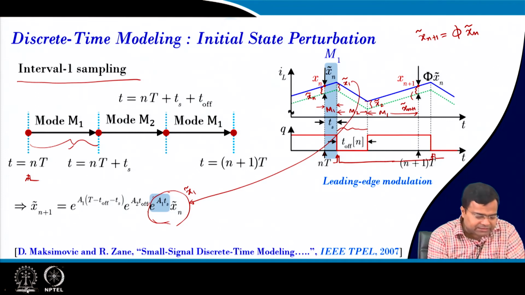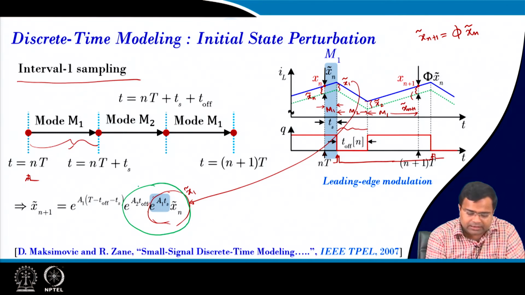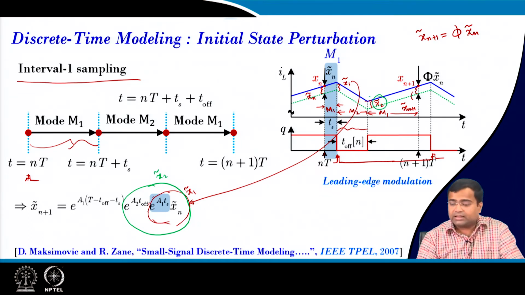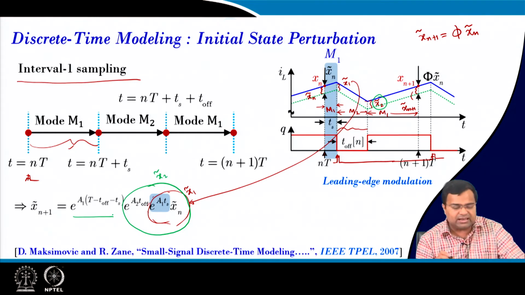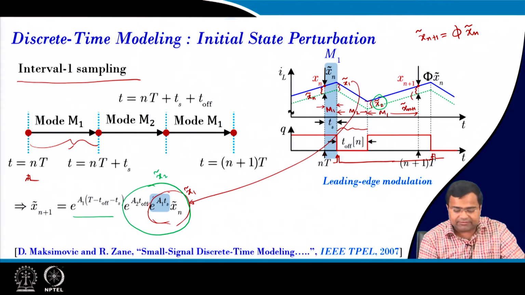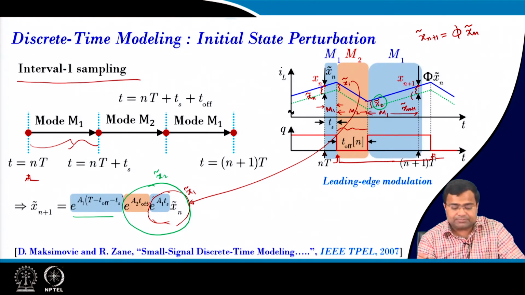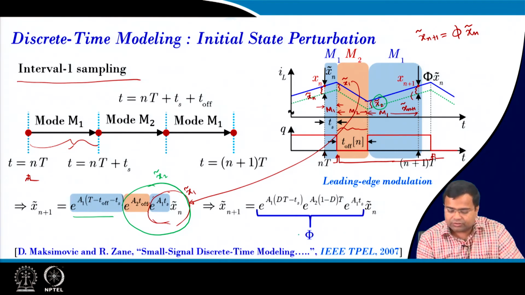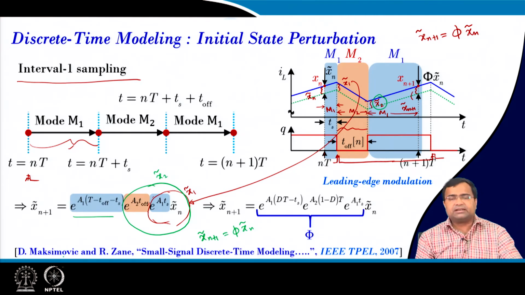Then, if I change the color, this one will be my x2 tilde, which is shown here, and then it is propagating through the remaining interval, which is A1 into T minus Ts, and then you can get the final result. So, it is propagating stage by stage, and this is the overall xn plus 1 equal to this, and this is nothing but your phi. That means we are getting xn plus 1 tilde to be phi times xn tilde, and this is presented in this paper.